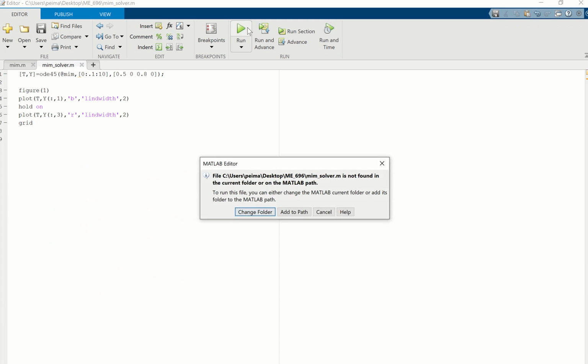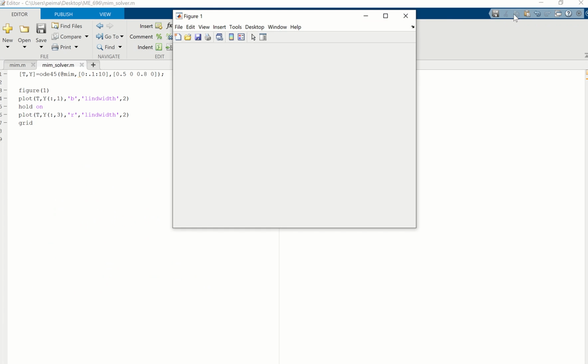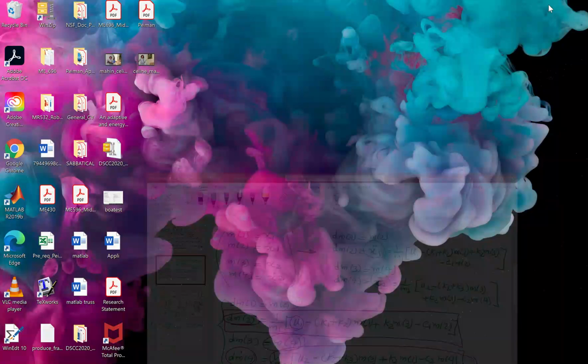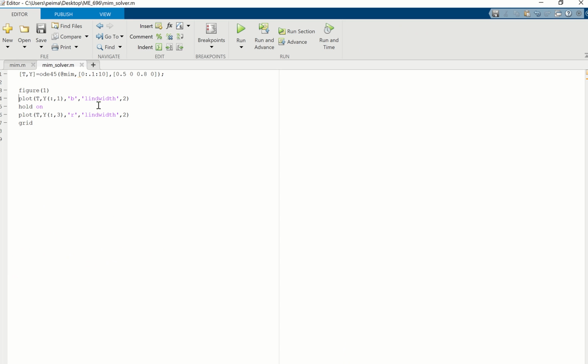So if I do that and run it, let's see, I think I know what the error is. What? Line width. Ooh. Line width command. Here we go.